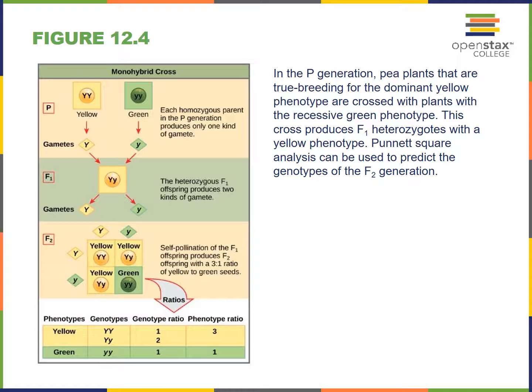And because of his understanding of probability and his understanding of math, he came up with this idea of a Punnett square. Well, he didn't invent it, but he used a Punnett square. And the Punnett square will use rules of probability to tell you all the possible offspring from a cross.